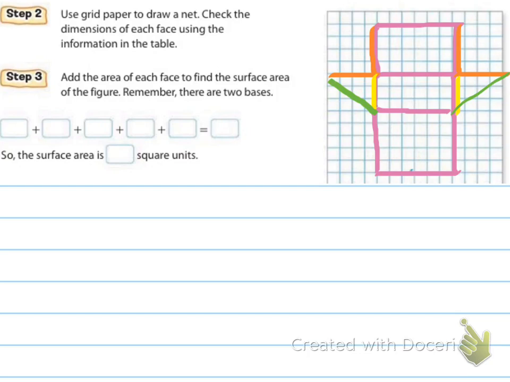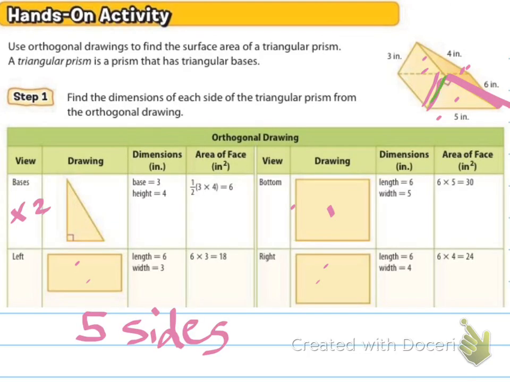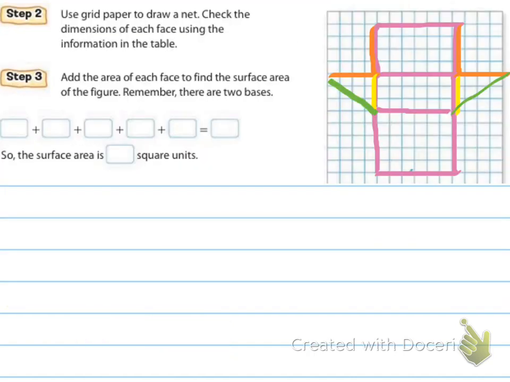Again, the key here is to set up your rectangles and then find where your right angle is, and pay attention to those dimensions. I've got 3 here because this side's 3, and I have 4 here because this side's 4. That's how I knew how to set up. If I were to fold this right now, these 2 sides would go together, and these 2 sides would go together, and then when I fold this up, it'll connect to the top here.